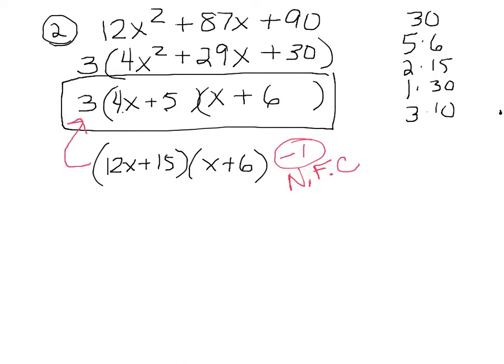What you can do is take a look that a 3 can be taken out of both of them. If I take a 3 out there, I'm left with 4x plus 5, and then x plus 6. So make sure that you are factoring completely.